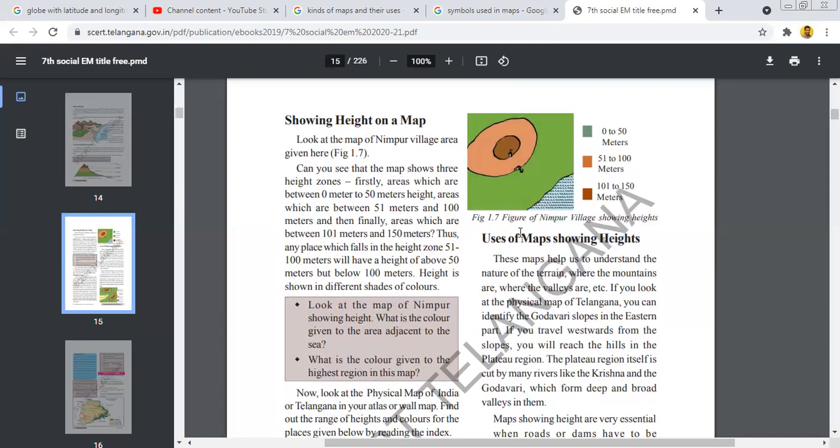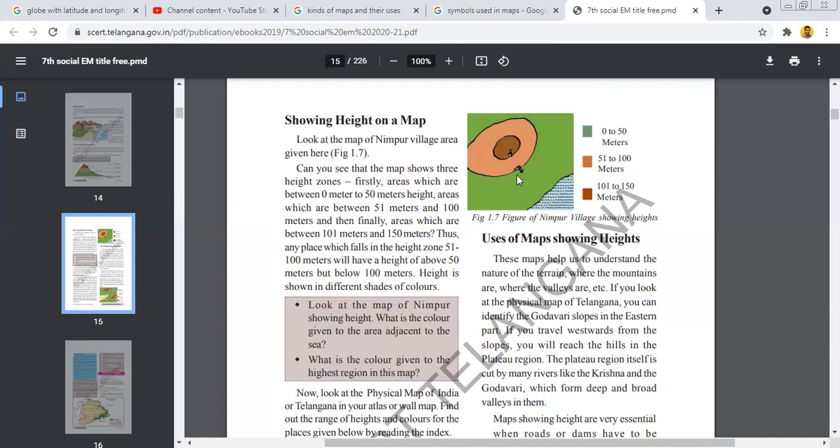Any place which falls in the zone between 51 to 100 meters will have the same height range, above 50 meters and below 100 meters. These heights are shown in different shades.